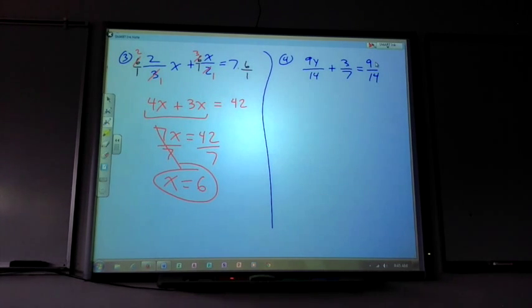Okay, so from there, I'm going to multiply all 3 terms by the smallest number that both 7 and 14 go into. 14. Does that make sense? Now you might have someone saying, well, sometimes 28 also they both go into. You're absolutely right, but you can go with a smaller number. They both go into 14.